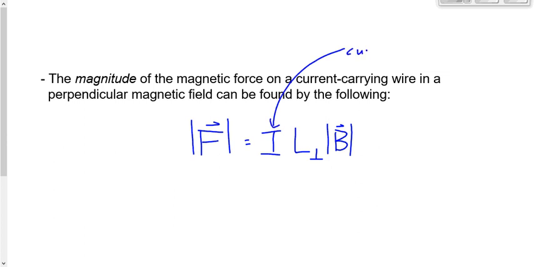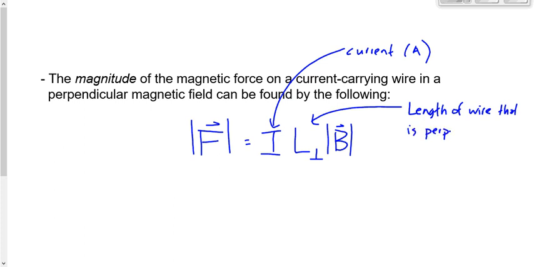This means the current, and that's going to be measured in amps. This means, now, careful here, this means the length of wire that is perpendicular, again, that word, it's going to appear several times in this unit and the next unit, perpendicular and exposed to the external magnetic field.